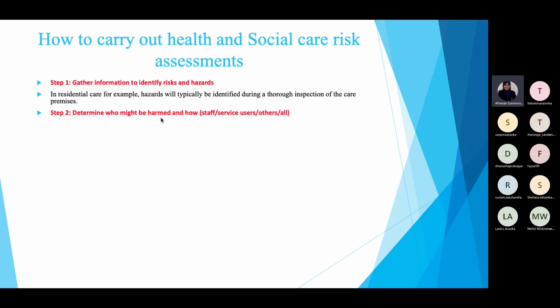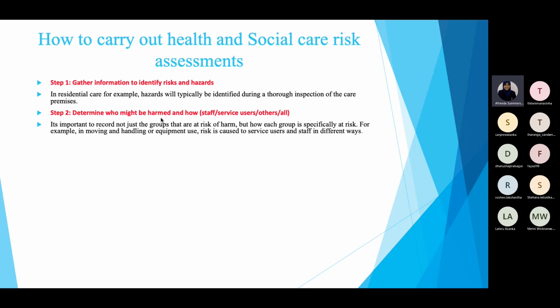In any risk assessment you need to know the vulnerable people are children, pregnant mothers, and the elderly. Anywhere we go, be it a war zone or a hospital, we have a vulnerable sector of people. Regarding the second step, who can be harmed, it is important to record not just the groups at risk of harm, but how each group is specifically at risk.